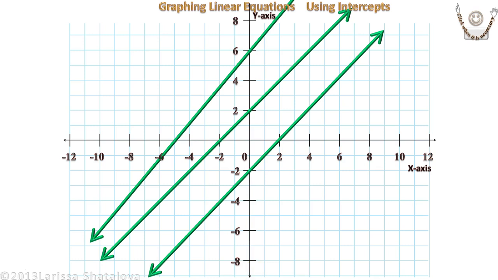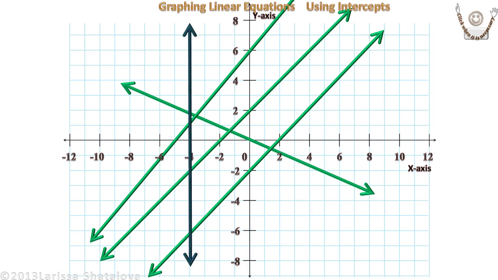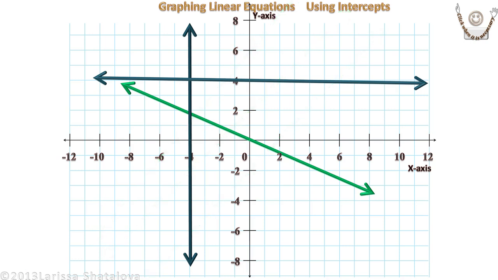To our previous lines, I want to add a couple more. The next one goes through the origin only, and then a vertical line and a horizontal line. To see these three lines more clearly, I am going to remove the previous lines, and now let's talk about the first line, which goes through the origin.